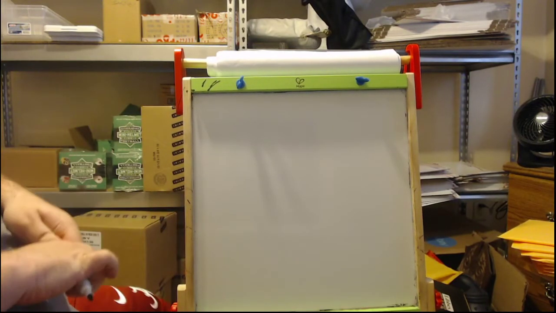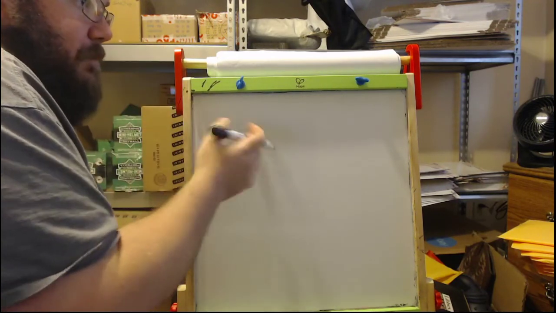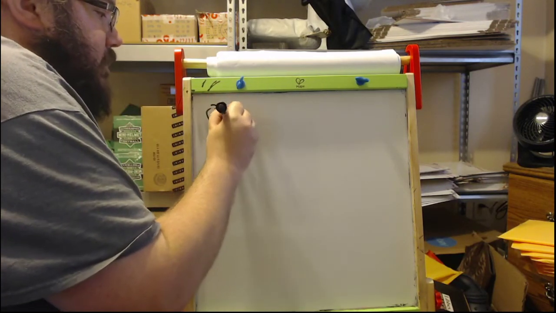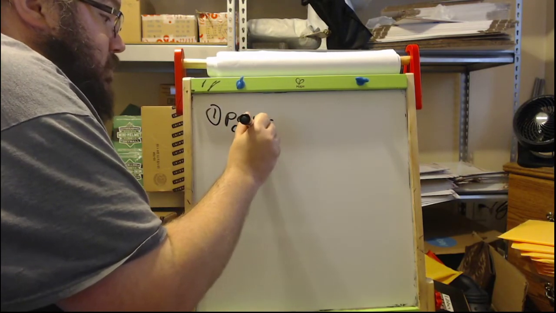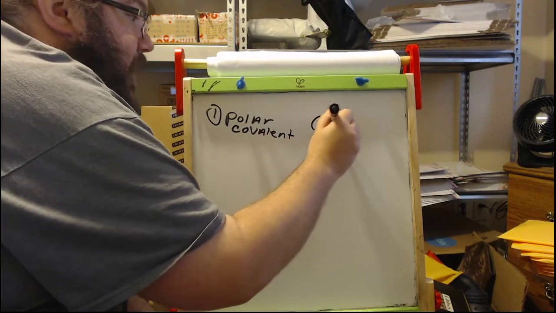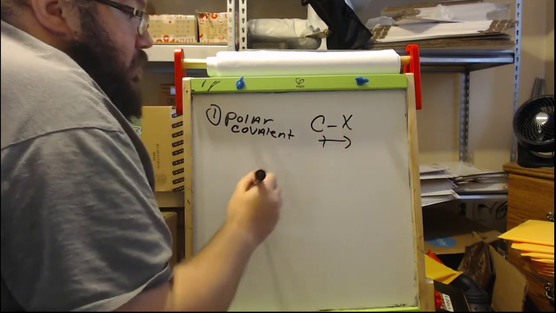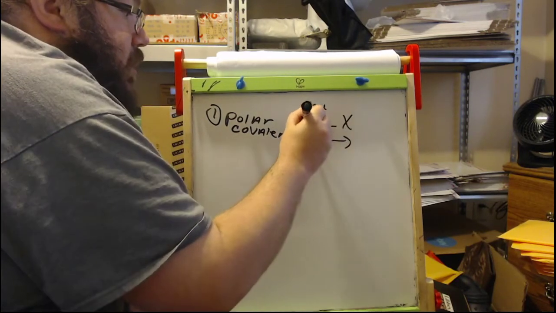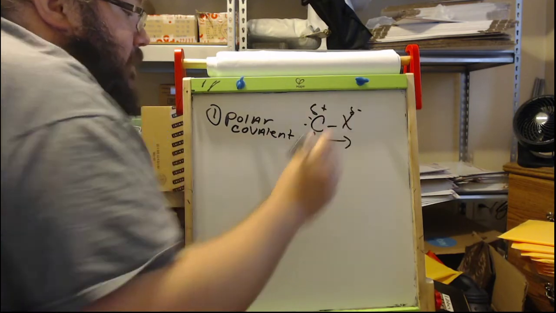Number one rule is that you have a polar covalent bond. For these to occur, you need a polar covalent bond. It's usually the alkyl halide type, a carbon bonded to a halogen, where there's a partial positive charge being formed and a partial negative.